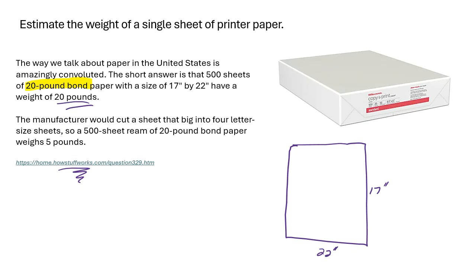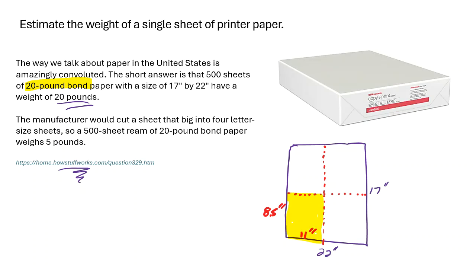So the manufacturer would take this big sheet of paper, and if we cut it into 4 pieces, what would be the dimensions of each piece? Well, half of 22 is 11, and half of 17 is 8.5. How about that? So we get 4 8.5 by 11 pieces of paper, which is our standard size.